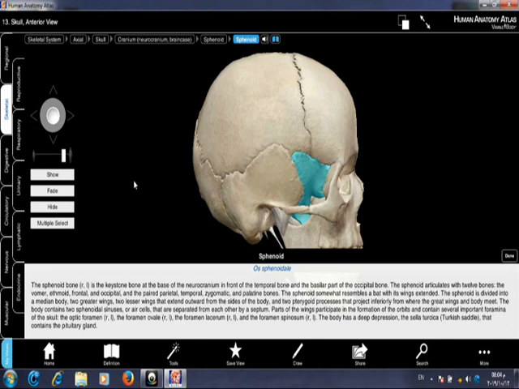The sphenoid is divided into a median body, two greater wings, and two lesser wings that extend outward from the sides of the body, and two pterygoid processes that project inferiorly from where the greater wings and body meet.